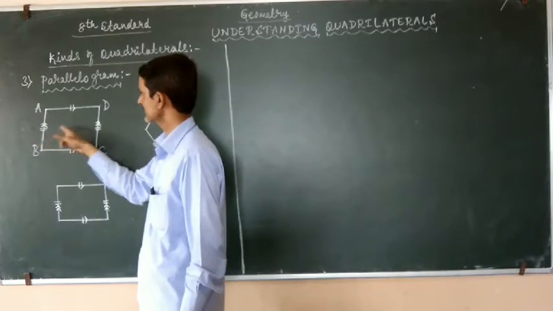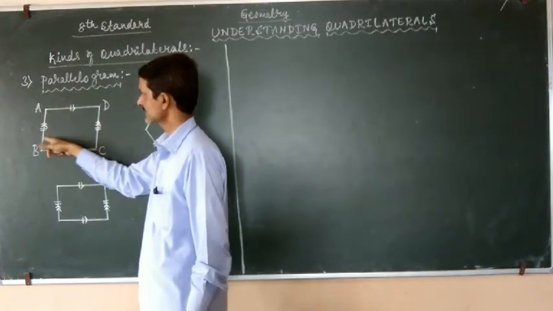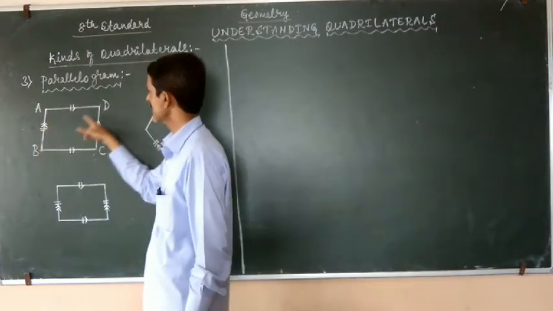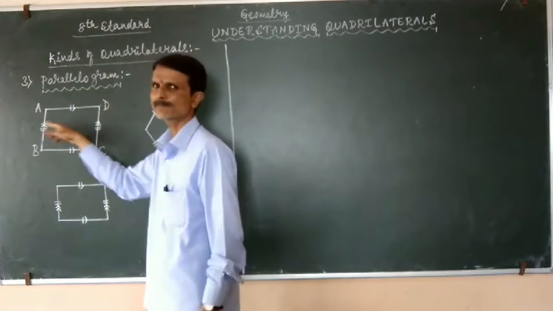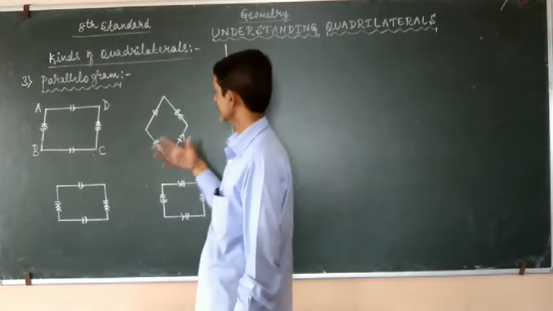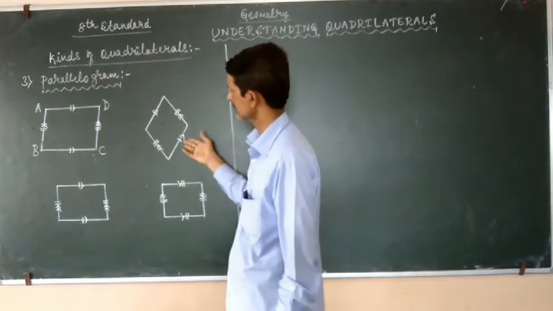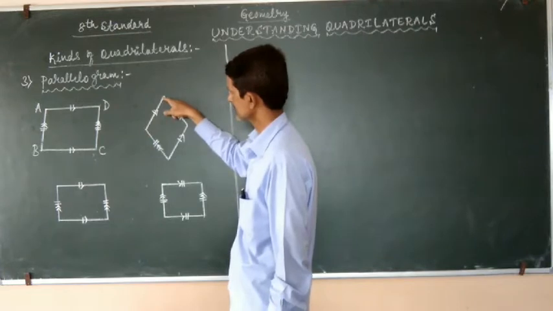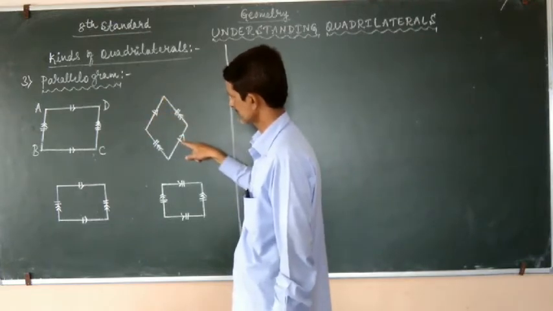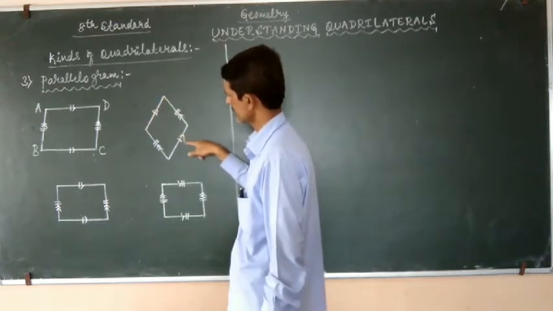Similarly, another pair of sides, that is AB and CD. So these two are equal and parallel. Similarly, if you observe the second figure here, this side is equal to this side and these two are parallel.